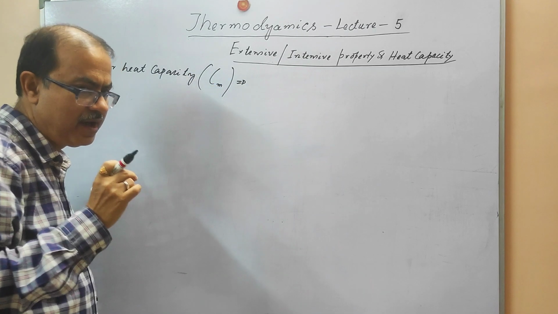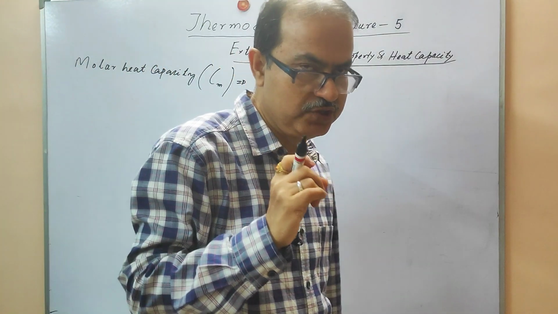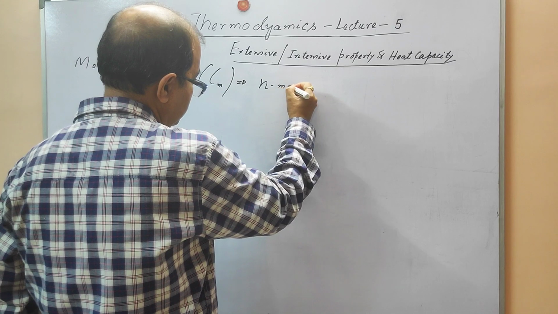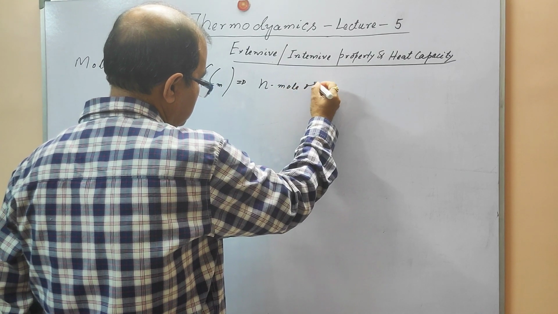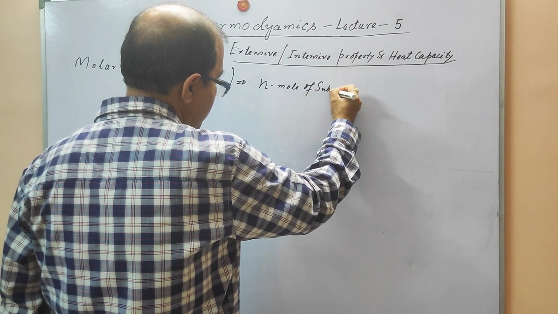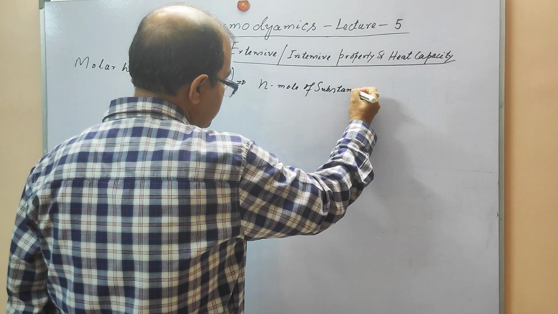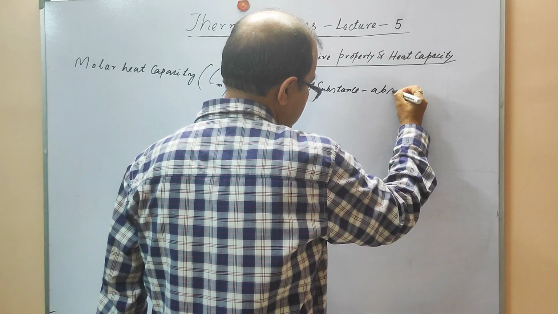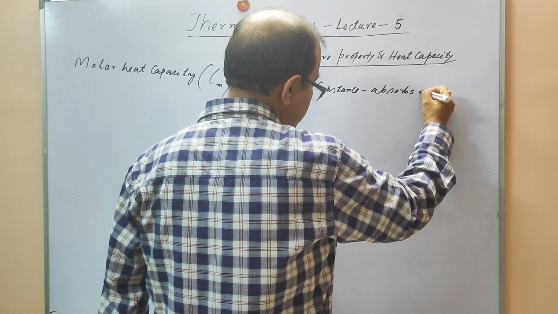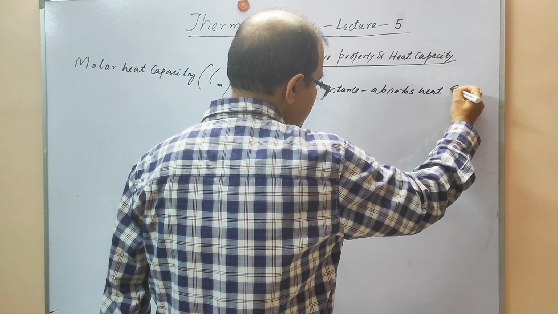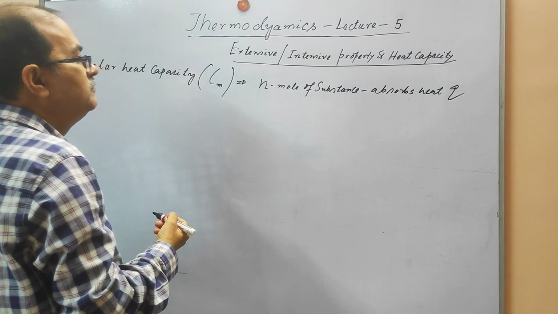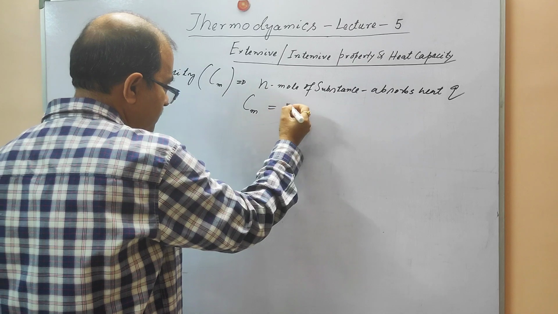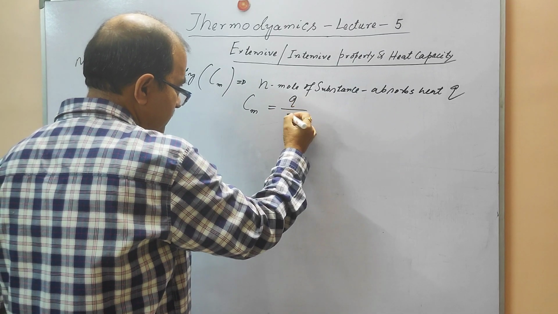Suppose a substance has n moles of substance, and this substance absorbs heat Q. Then its molar heat capacity will be Q by n.